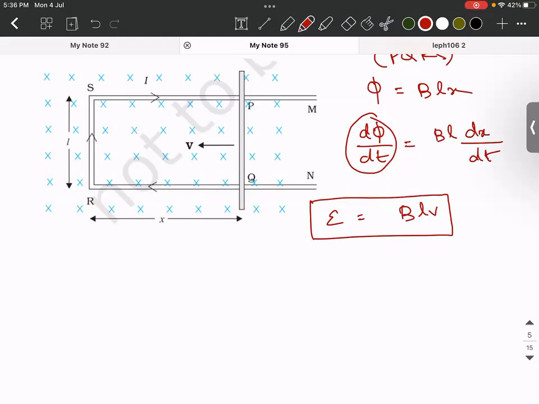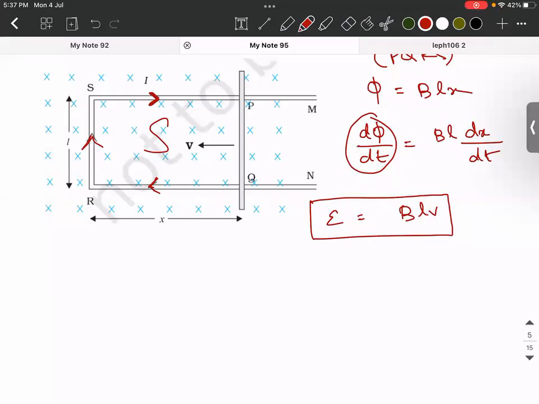You're the north pole, and the flux is decreasing. When flux is decreasing, what happens to the pole that will get generated on the other side? Opposite pole. So it should act like a south pole. So when it is a south pole, what is the direction of current? Clockwise. That's why they gave the direction of current as clockwise already.